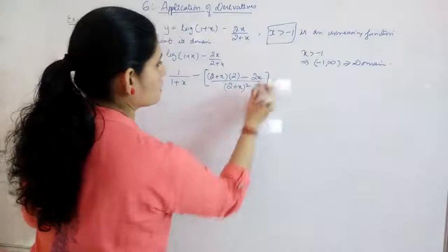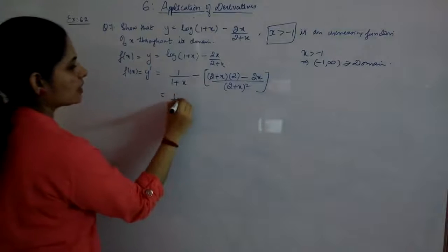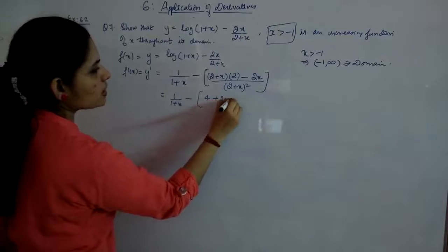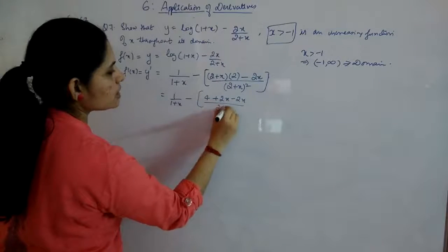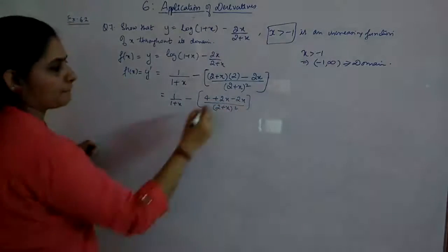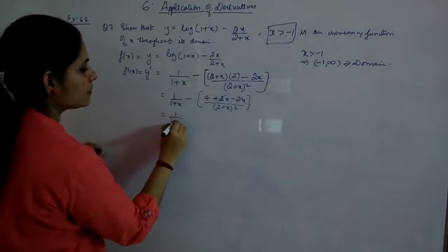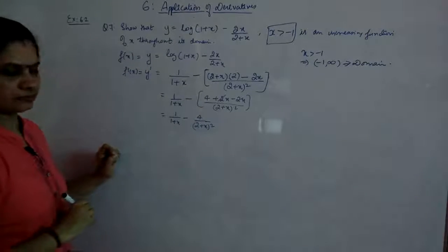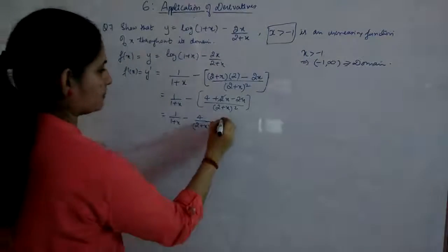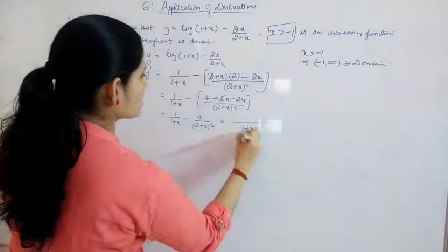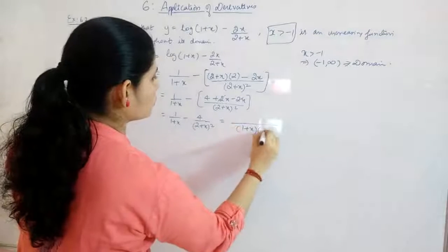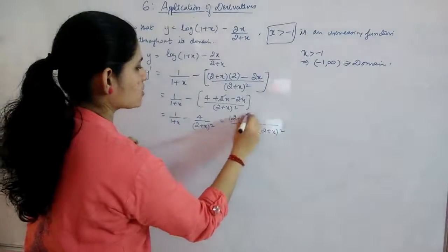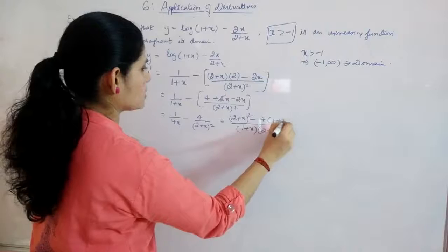So this is equal to 1 by 1 plus x minus, this will give you 4 plus 2x minus 2x divided by 2 plus x the whole square. So this will be 1 by 1 plus x minus 4 by 2 plus x the whole square. Now we are taking LCM. So this will give you 1 plus x into 2 plus x the whole square in the denominator. The numerator will give you 2 plus x the whole square minus 4 into 1 plus x.